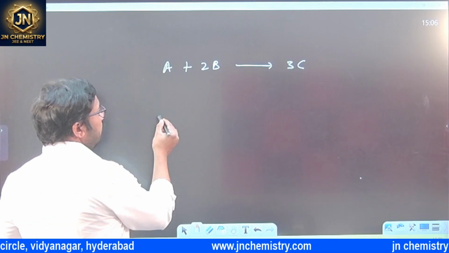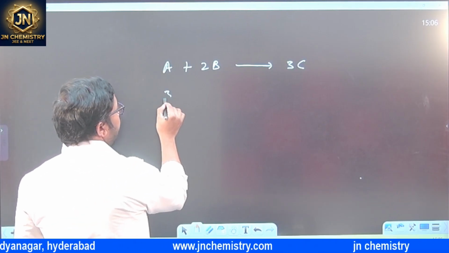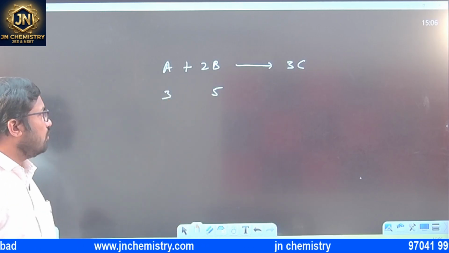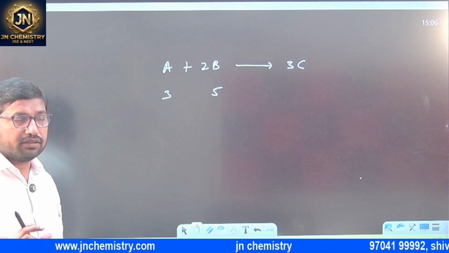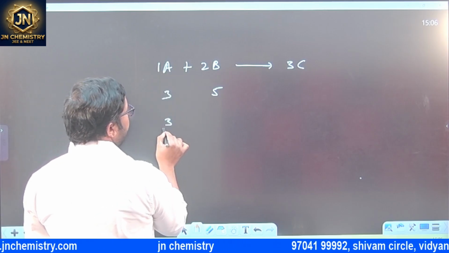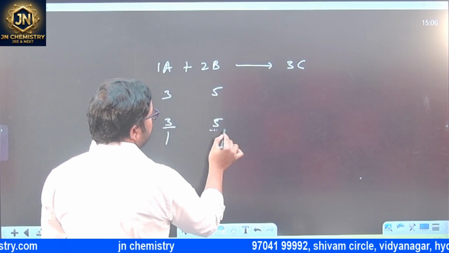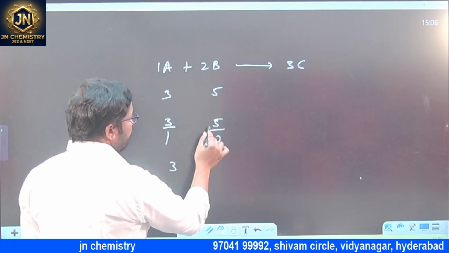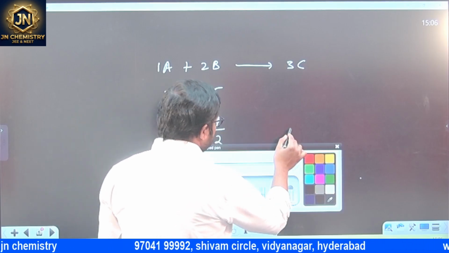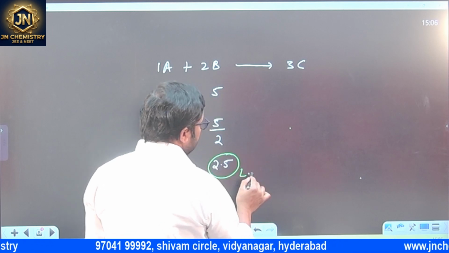Say 3 moles and 5 moles are given. How many moles of C are forming? First we should find the limiting reagent. So 3 by 1, because the number of moles in the equation is 1, and 5 by 2. 3 by 1 means 3, 5 by 2 means 2.5. Whichever is less is called the limiting reagent.